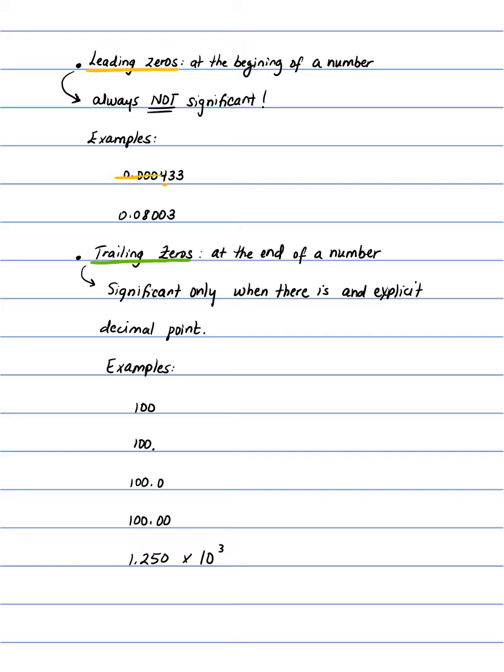And you're not including all of the leading zeros in your number in scientific notation. So when you're counting your number of significant figures for this example here, 1, 2, and 3, because your leading zeros are not significant.